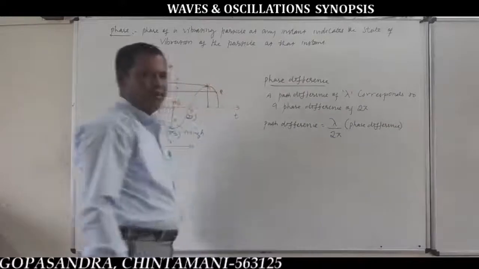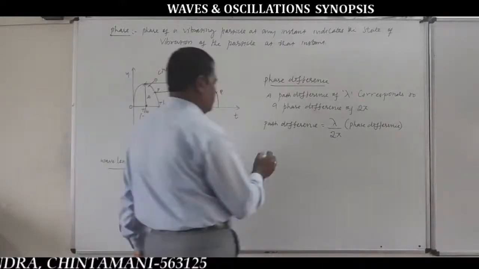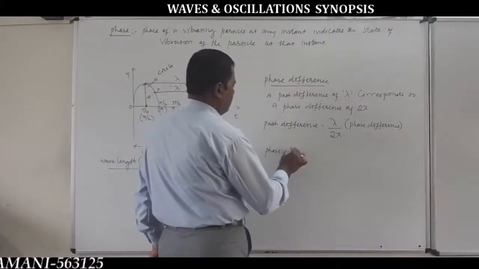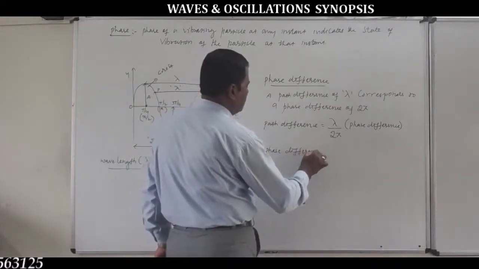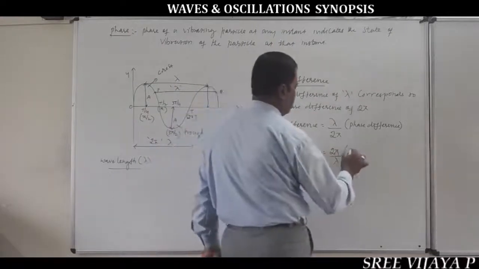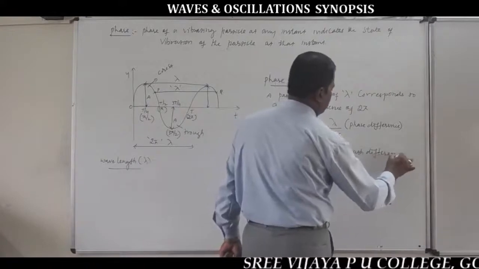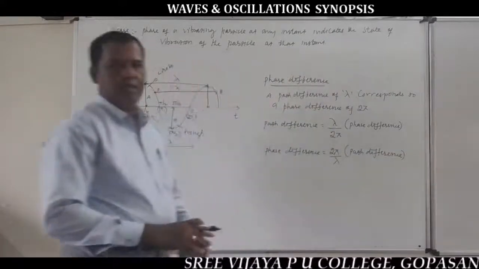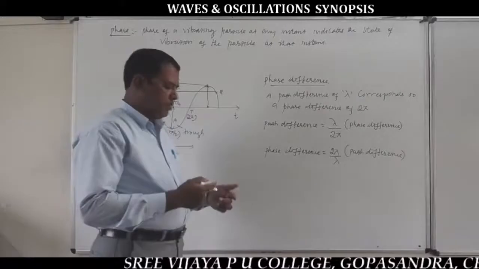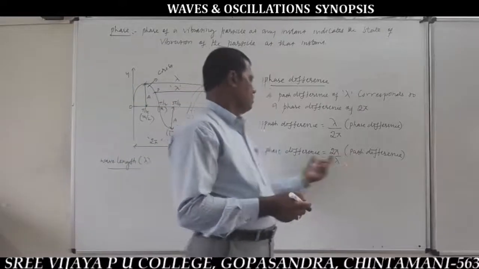You can convert the given phase difference into path difference using this equation. Phase difference is equal to 2 pi by lambda into path difference. So these two equations can be used to convert the given phase difference to path difference or the given path difference to phase difference.